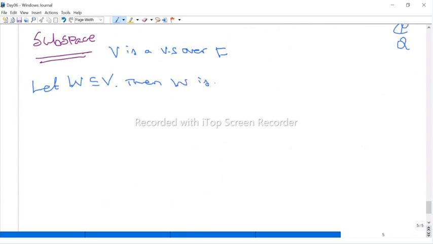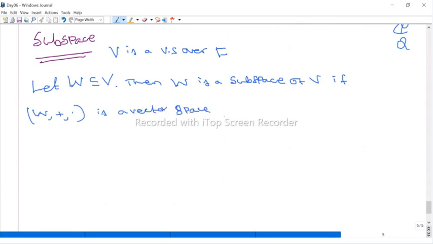When we say W is a subspace of V, then W itself is a vector space with the same addition and the same multiplication on V, a vector space over the same field F.